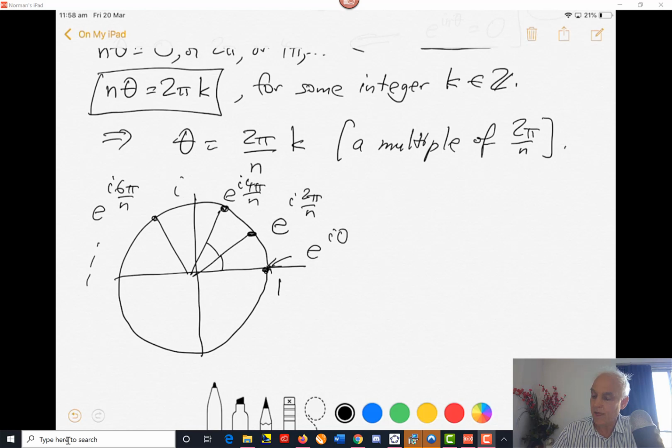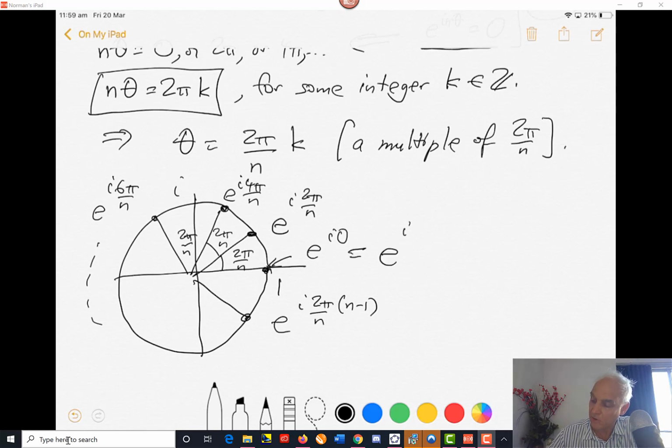And we go around like this, and there's going to be altogether n solutions, because each one of these angles is 2 pi over n. So the last one will be e to the i 2 pi over n times n minus 1. After that, we're back to this one here. So this is the same as e to the i 2 pi over n times n. Okay, we get back to where we started.